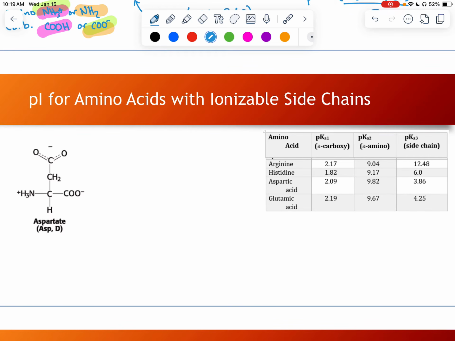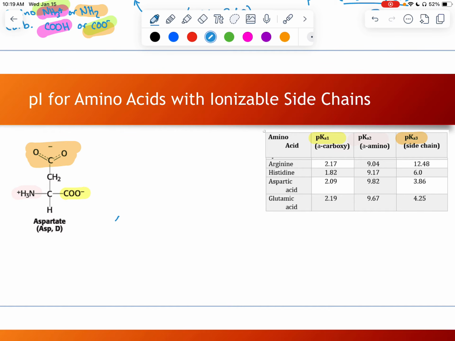This is a little different from our weak acids, because remember I said that pK1 is always the carboxylate terminal. pKa2 is always the amino terminal. pK3 will be the side chain, whether or not it has a higher or lower value. That'll be pK3.